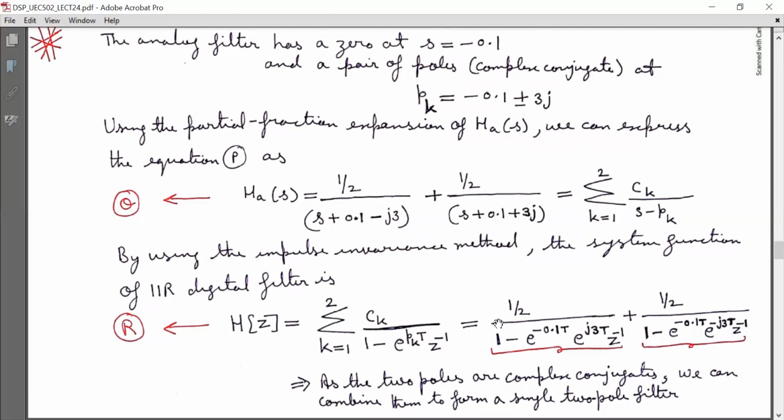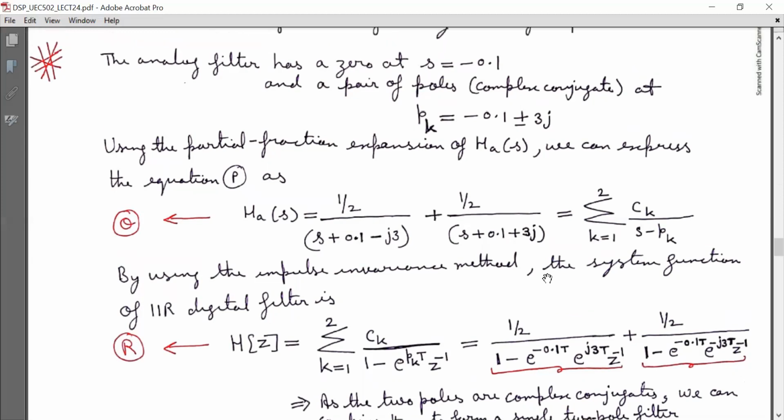H(z) is equal to the summation k running from 1 to 2 Ck divided by 1 minus e raised to power Pk capital T Z raised to power minus 1, which is equal to 1 by 2 divided by 1 minus e raised to power minus 0.1 capital T e raised to power j3 capital T Z inverse, plus 1 by 2 divided by 1 minus e raised to power minus 0.1 capital T e raised to power minus j3 capital T Z inverse. So we have just followed the same procedure as discussed above.